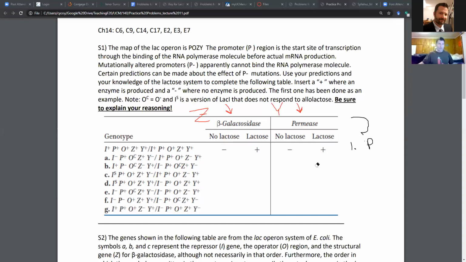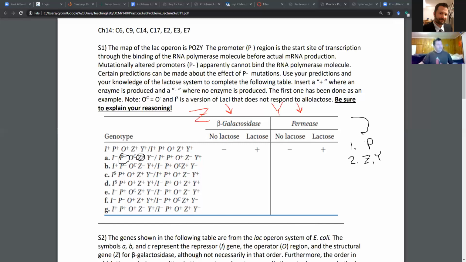The next thing you look at, right? So that's like our order here. So the number two, what we want to look at is the Z and the Y. Okay, so right here, good. This promoter works, fantastic. This Z works, good.